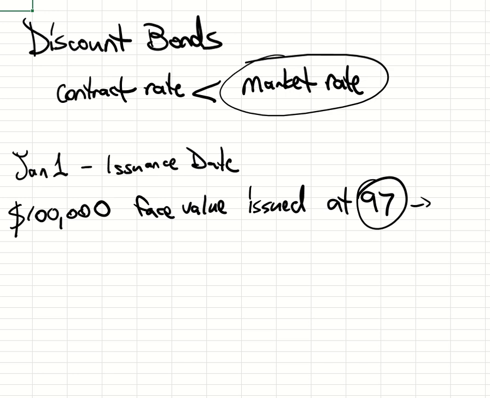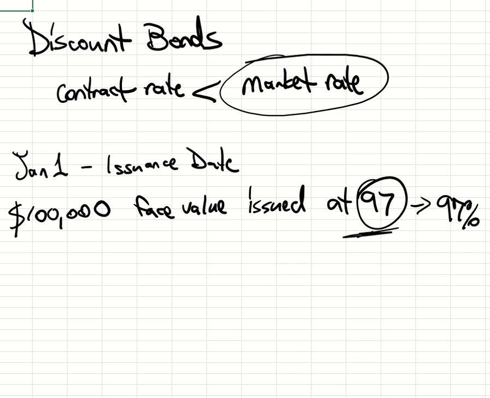97 means that the bond of $100,000 was issued at 97% of that amount, which means that 97% of $100,000 is the cash amount that the issuer of the bond is going to receive from the lender. That lets you know right here of 97, that lets you know that this bond is issued at a discount.